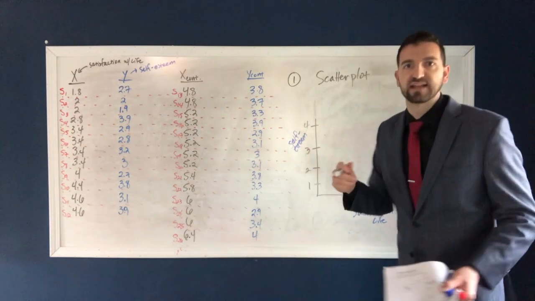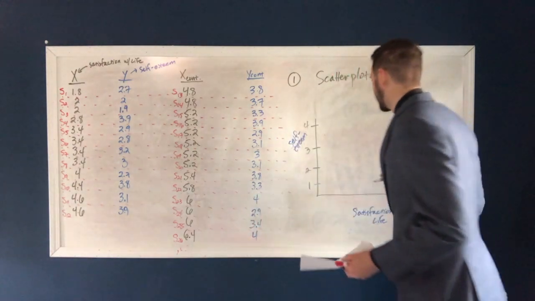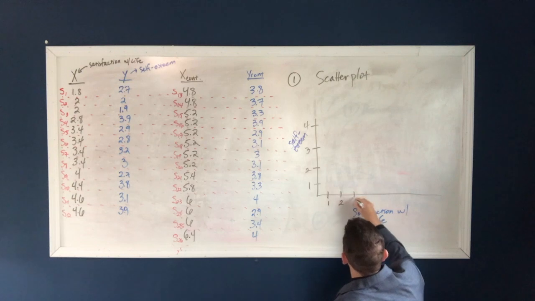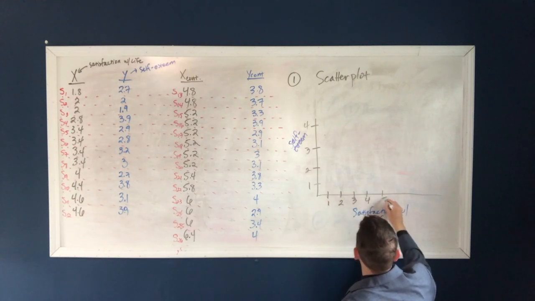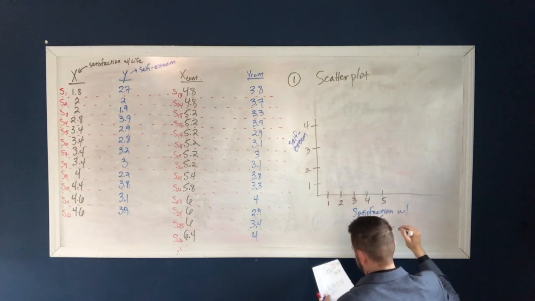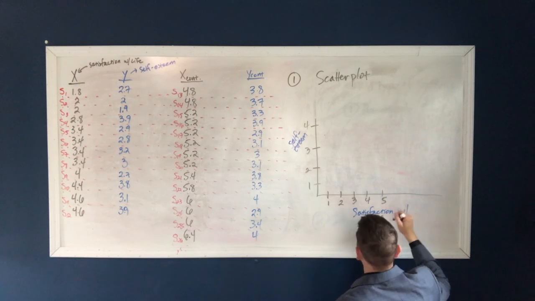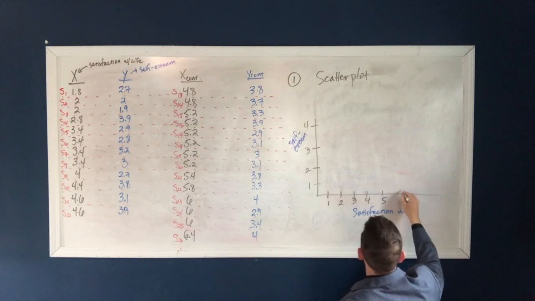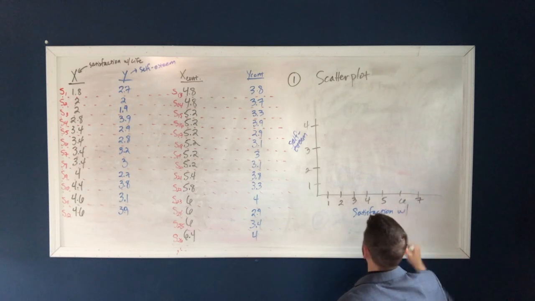The highest possible satisfaction with life score is a 7. 1, 2, 3, 4, 5, 6, 7.